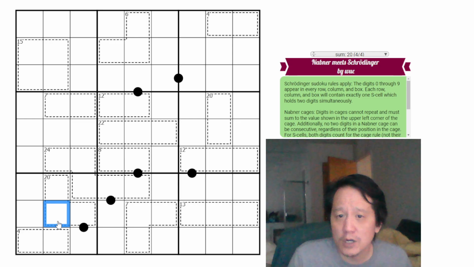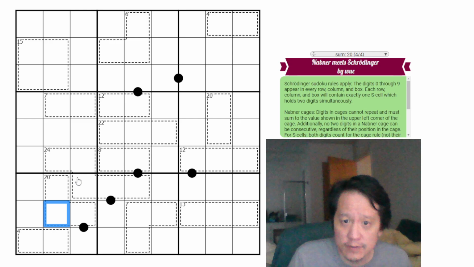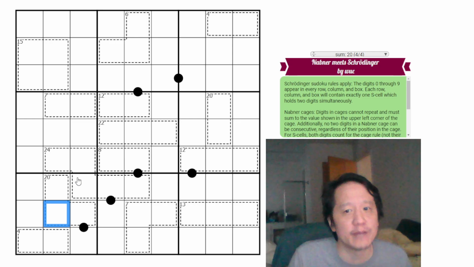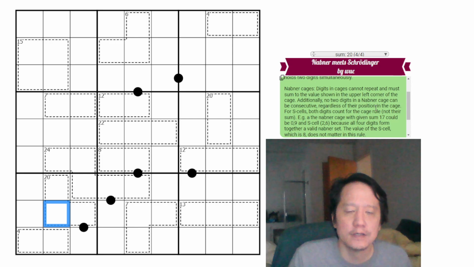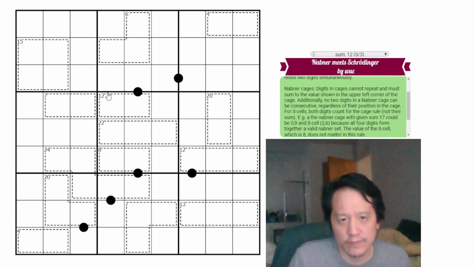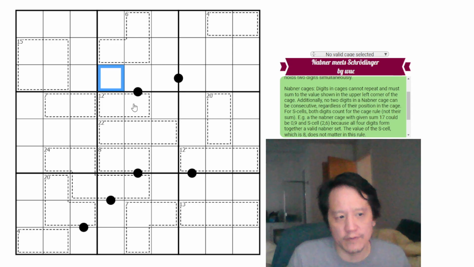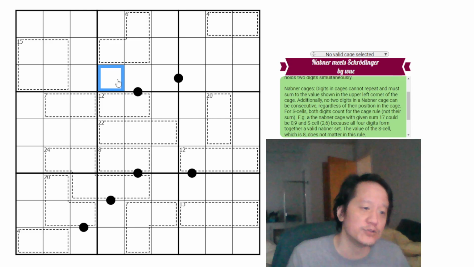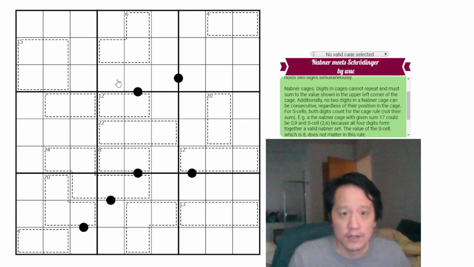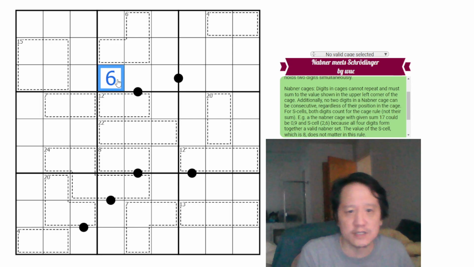Each row, column, and box will contain exactly one Schrödinger cell, S cell, which holds two digits simultaneously. So that means a Schrödinger cell is basically one that contains two digits, and it could be any two digits from 0 to 9. So it could be like, say, 6 and 8.